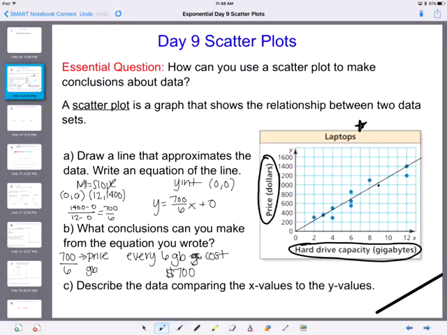Describe the data comparing the x values to the y values. So as our gigabytes, or our x values, increase, our y value, or our price, is also increasing. So the number of gigabytes increases as price increases.